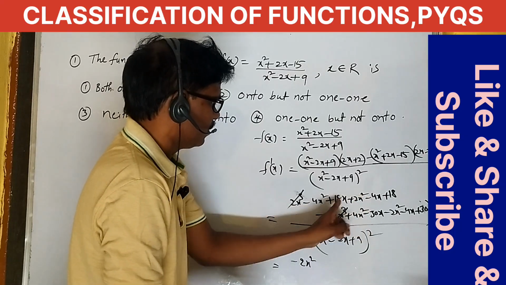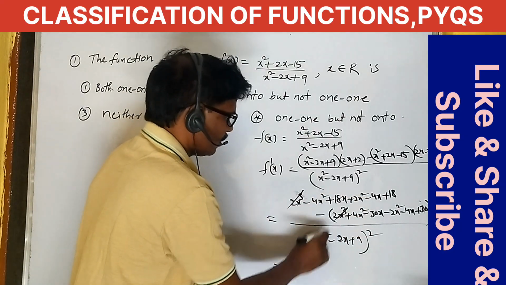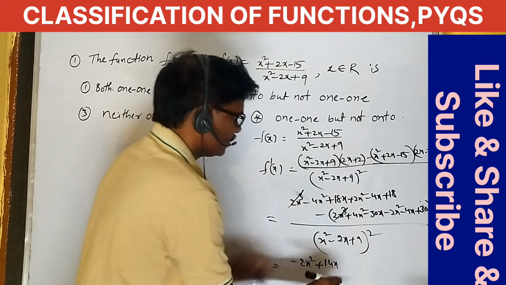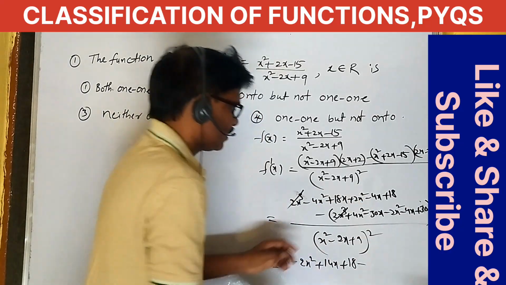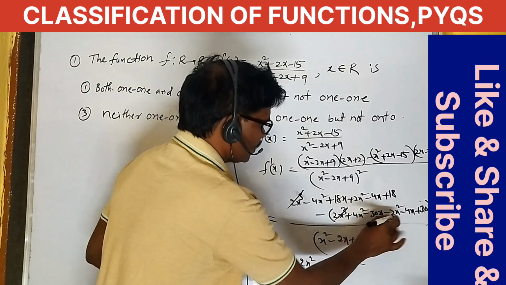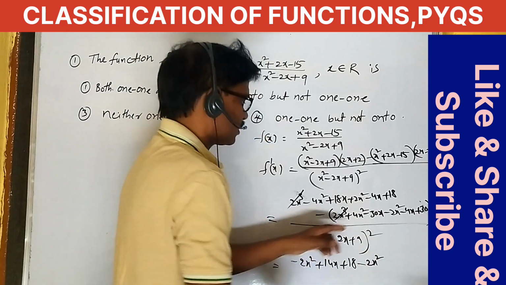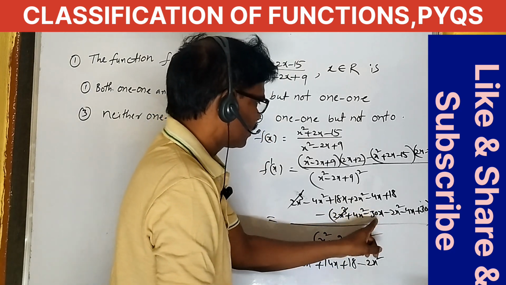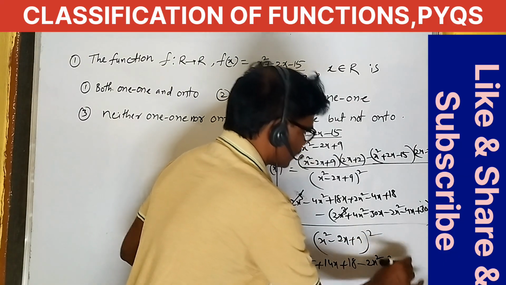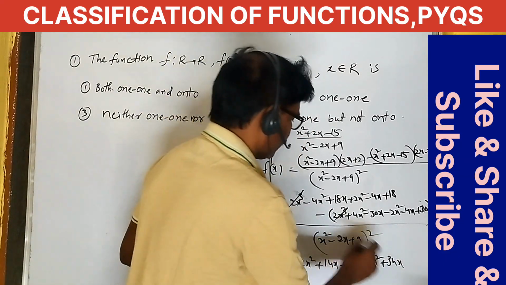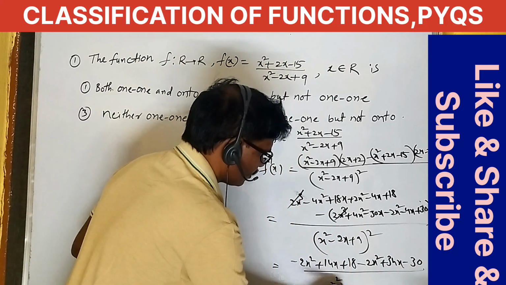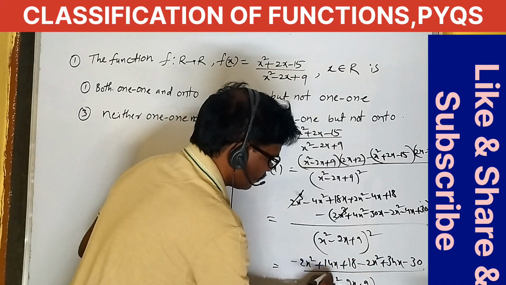Next 14x: 18 minus 4 means 14x. Then 30x minus 4x is plus 34x, next plus 30 minus 30, by (x square minus 2x plus 9) whole square.